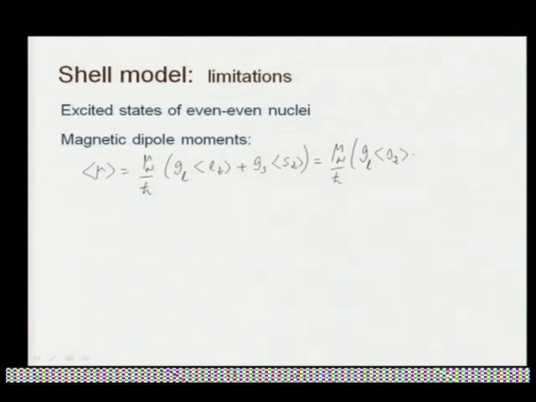So this will turn out to be, finally, something like this. When you write it in this fashion, JZ is LZ plus SZ, so LZ is JZ minus SZ.